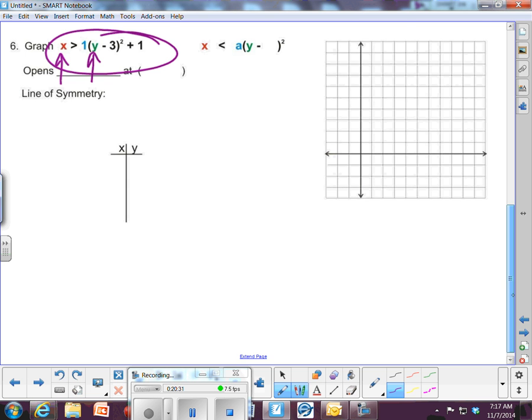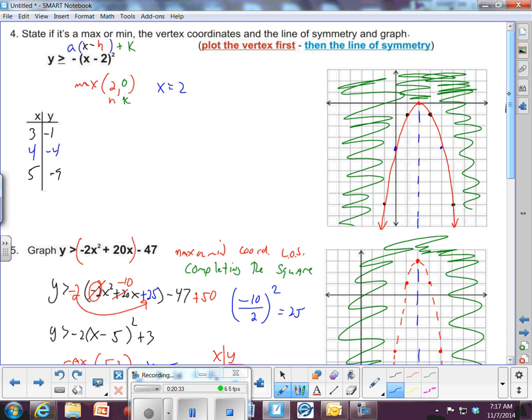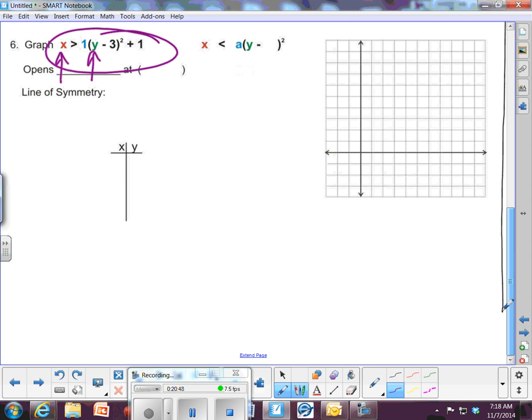Okay, so look back at the top of your page. Do you see on this one, it's the y that's isolated and the x that is the part that's squared? Okay, that's different. We are the other way around. What does that mean? Well, this is what it means.